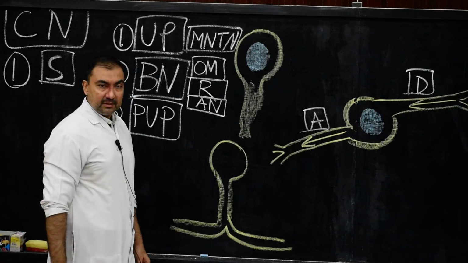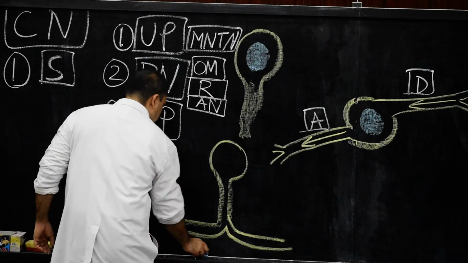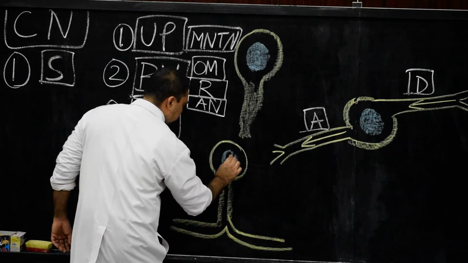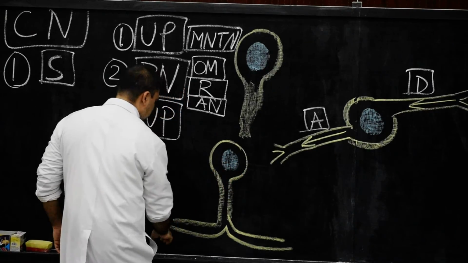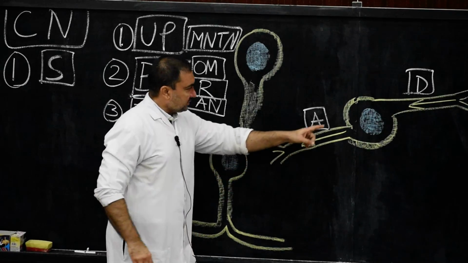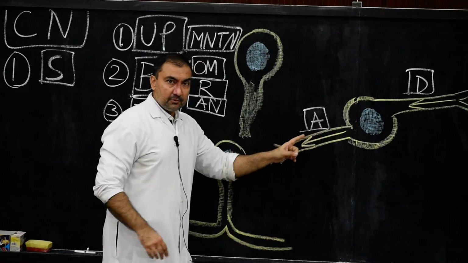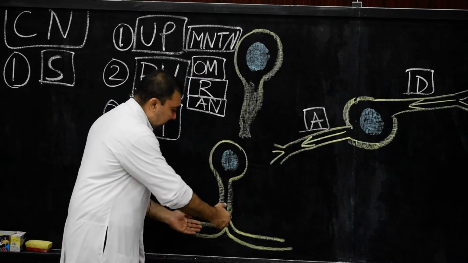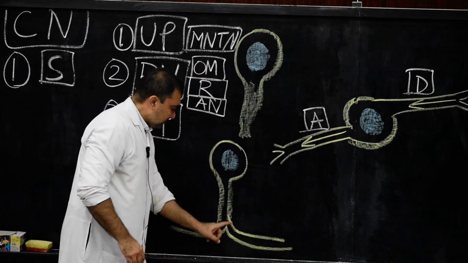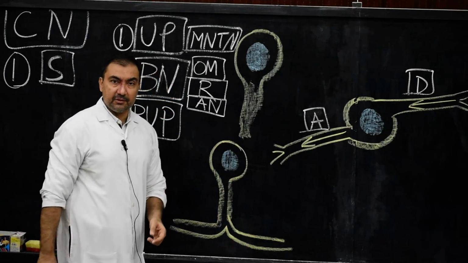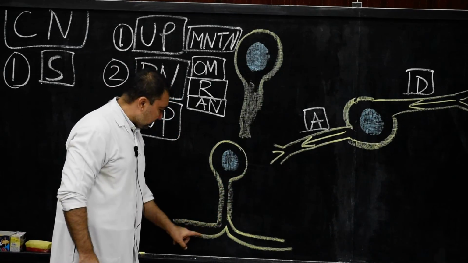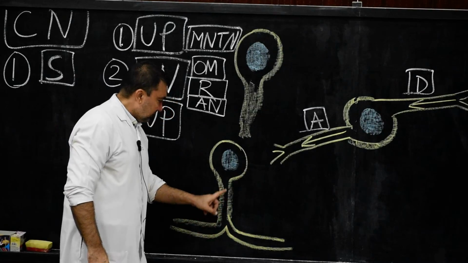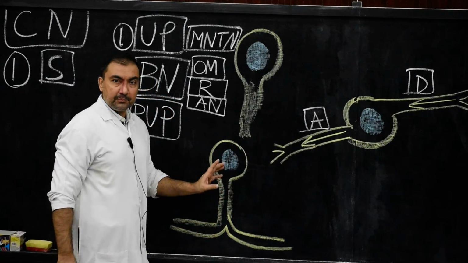It is in this way. This T-shaped junction is very important, and it gives the shape of pseudo-unipolar.